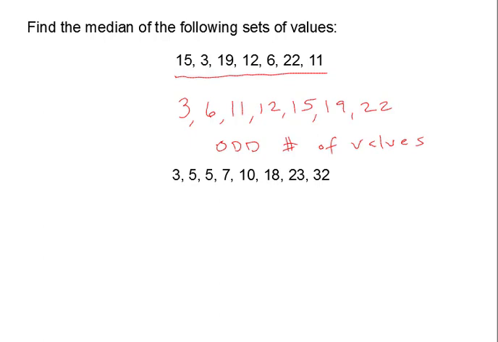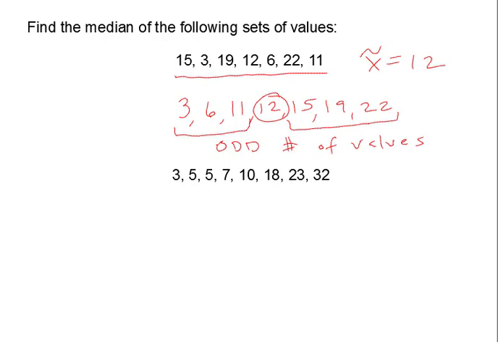Since I've got 7 values, there are 3 values on one side of the middle and 3 values on the other side, which makes the median the value 12. So the median of the first set, x with a tilde on top, is equal to 12.